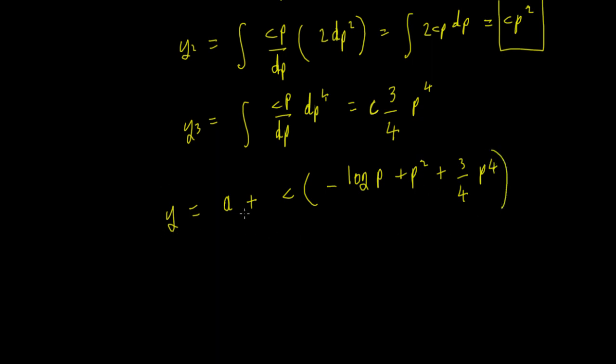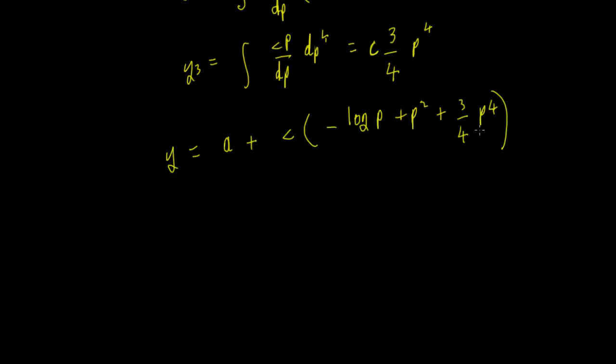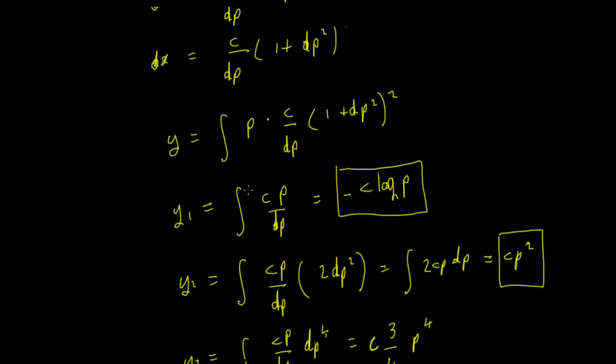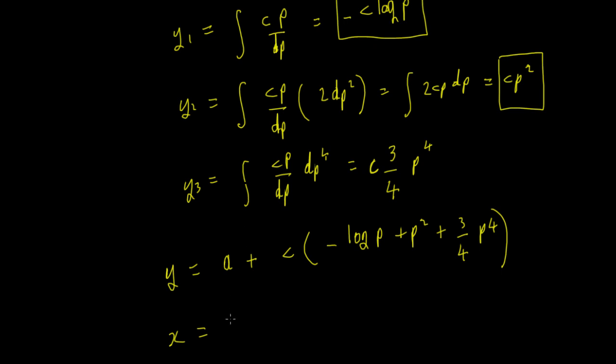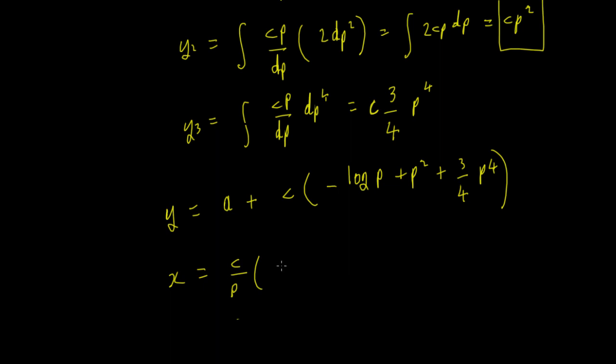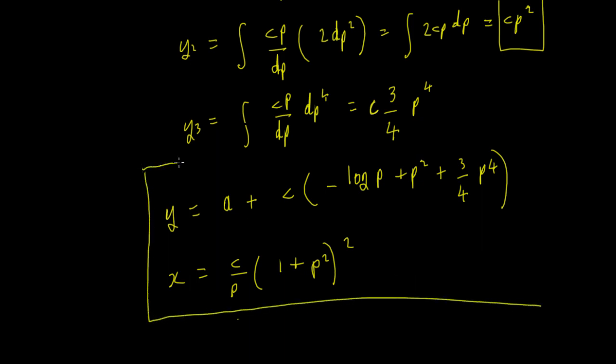Okay, so that's the y part of the equation we're looking for, the parametric equation. And the x part, we've already worked out: x is c upon p, 1 plus p squared, all squared. So these are our parametric equations of the Newton solid of minimum resistance.